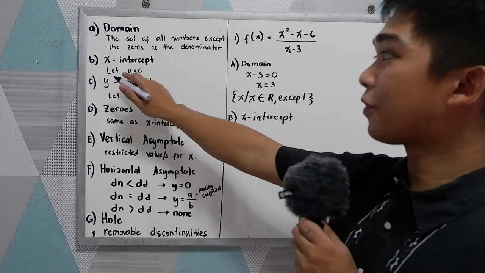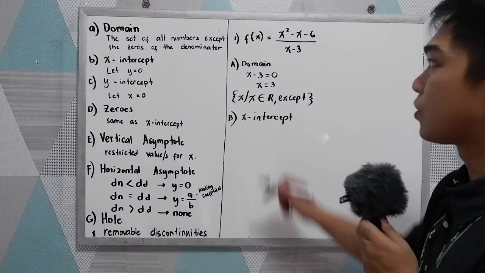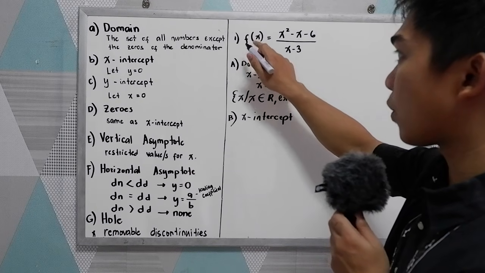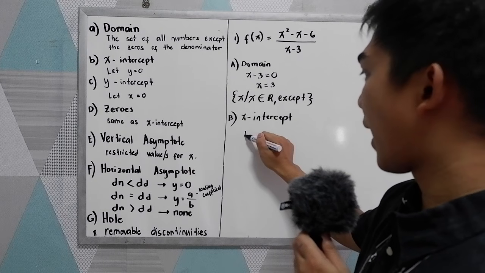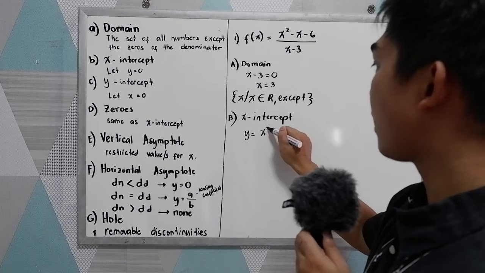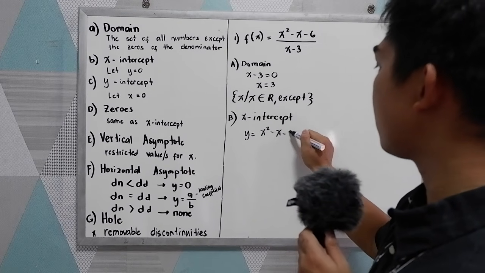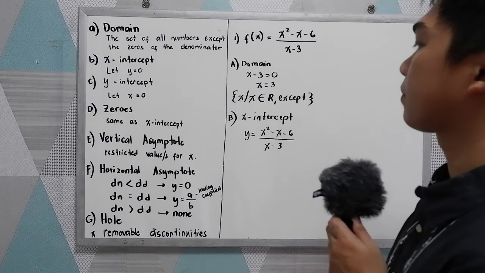Our guide, to find the x-intercept, let y be equal to 0. So f of x, that stands for our y. Then we have x squared minus x minus 6 all over x minus 3.